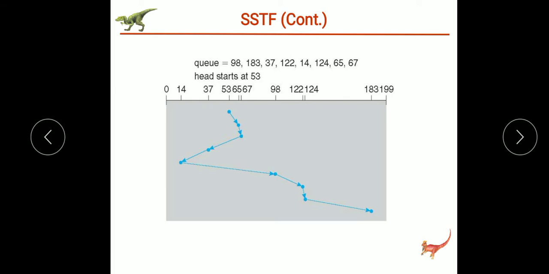So even though the SSTF algorithm is a substantial improvement over FCFS, it is not the optimal one because it causes starvation.